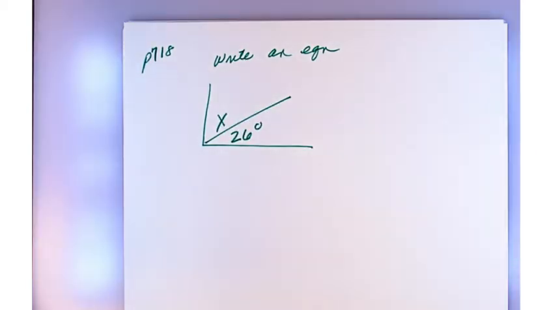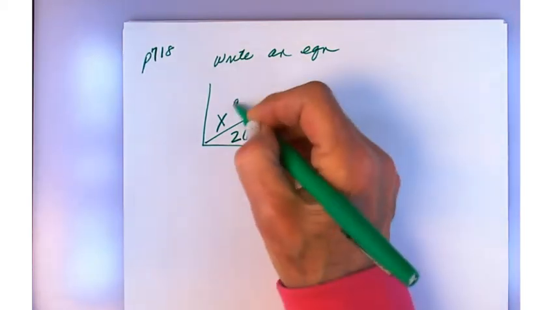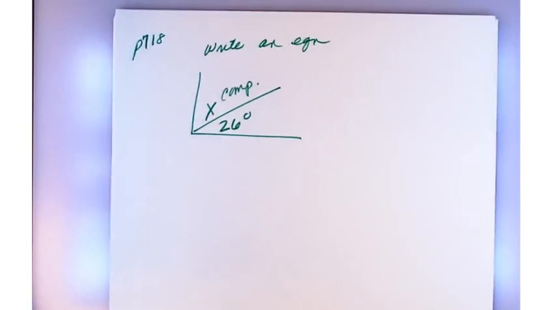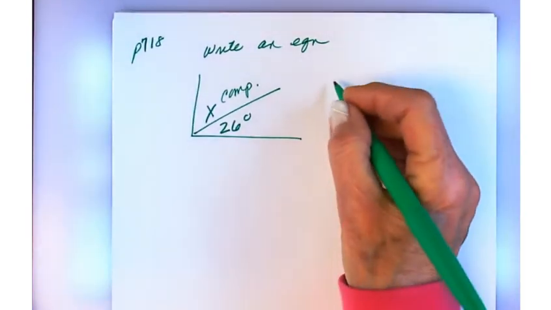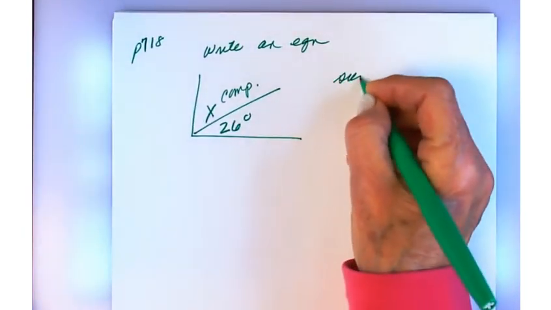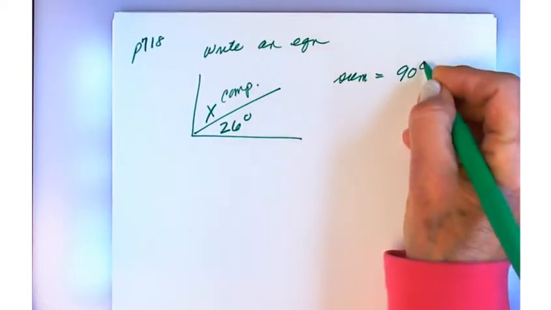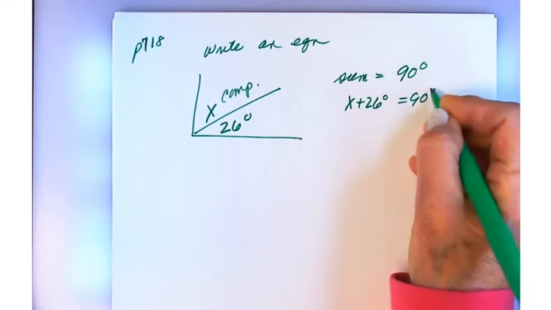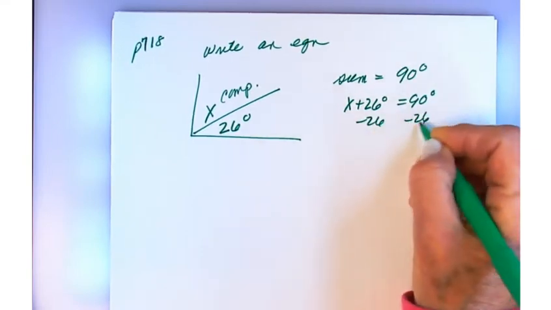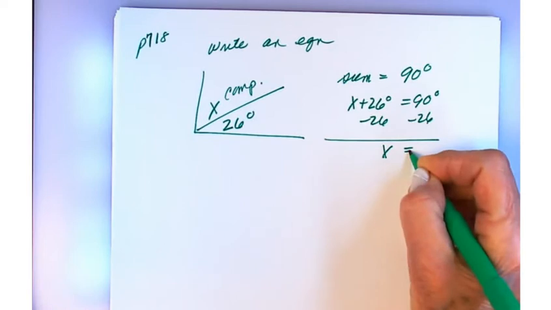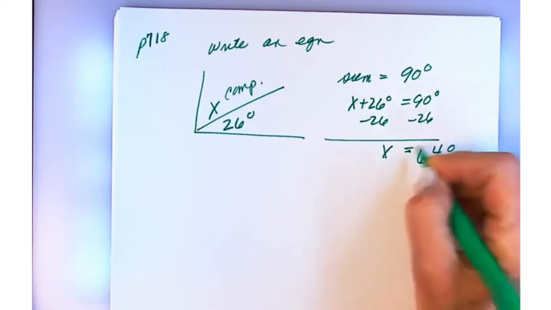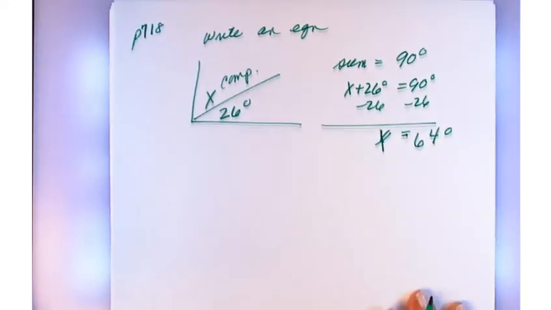So we know we were given the word complement. So complement refers to 90 degrees. So the sum equals 90 degrees. So x plus 26 degrees is 90. Subtract 26 from each side, and you're going to get 4, you borrowed 1, 2 from 8 is 6. 64 degrees for the complement.